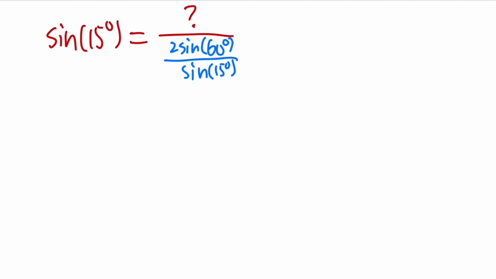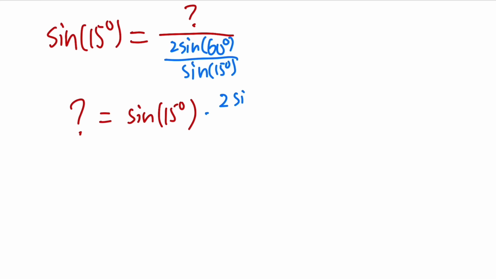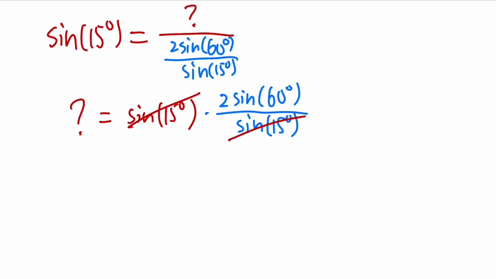Now, just focus on this. Multiply the denominator on both sides. Then we will see the question mark will be equal to sine of 15 degrees times the whole denominator, which is 2 sine 60 degrees over sine of 15 degrees. This is really cool because sine of 15 degrees, they cancel.